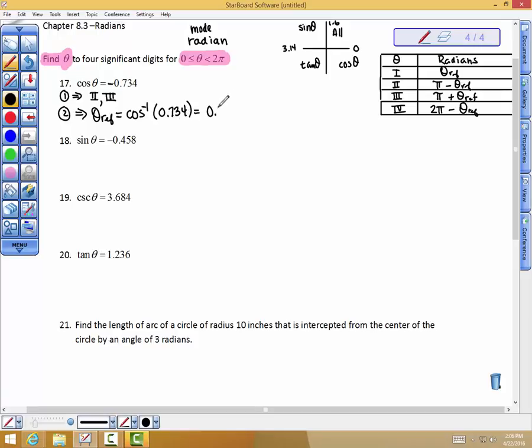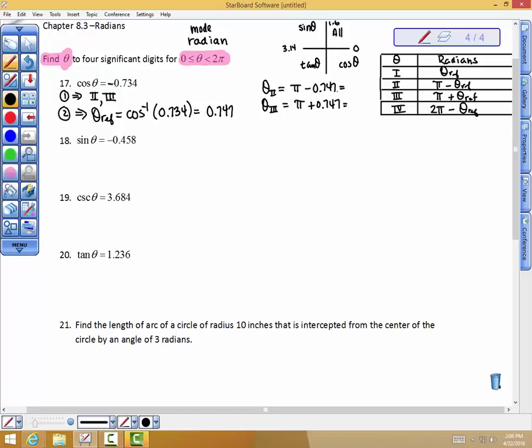In this case, it happens to be 0.747. In the second quadrant, I'll take pi minus the 0.747. And in the third quadrant, I'm going to take pi and add 0.747. Again, it's like 180 minus the reference angle and 180 plus.